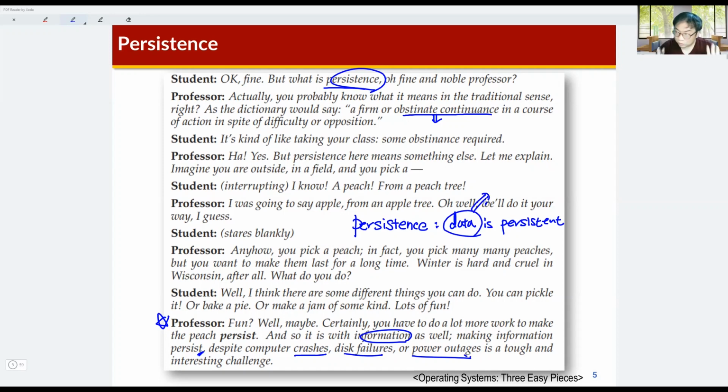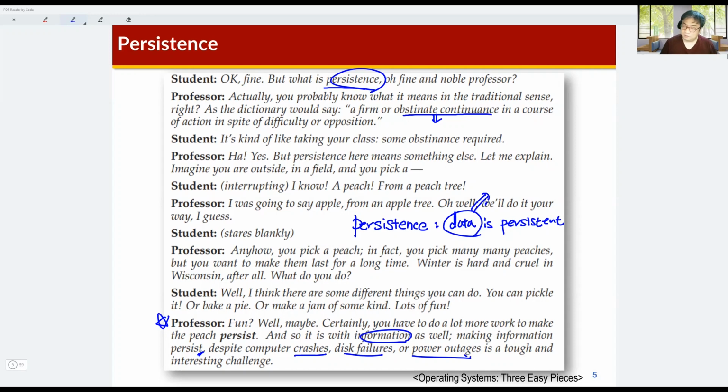Data can also be stored in the main memory like DRAM, but we already know that if we turn off the power of this computer system, the data stored in the DRAM is erased, removed, because DRAM is volatile memory.